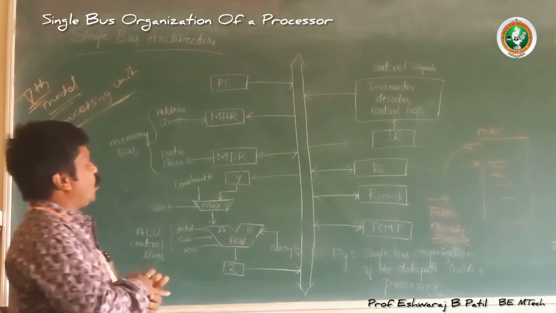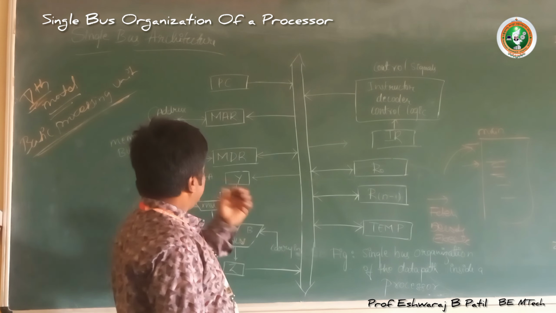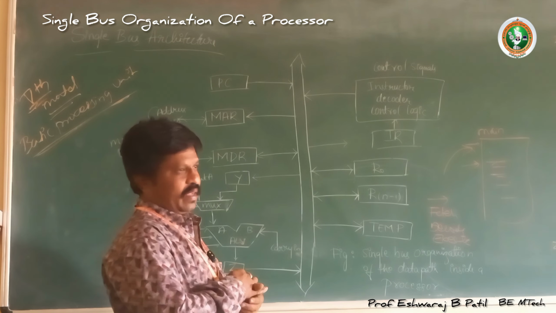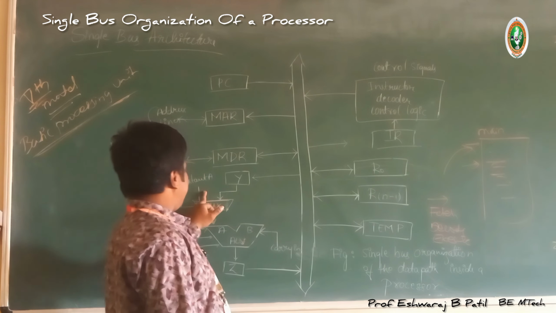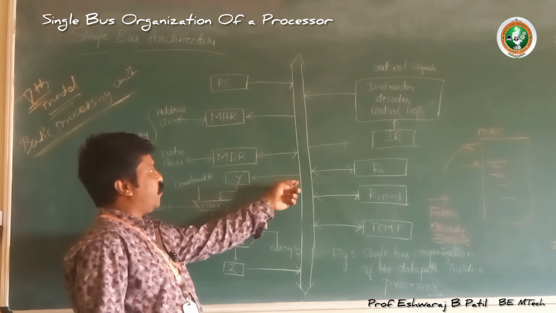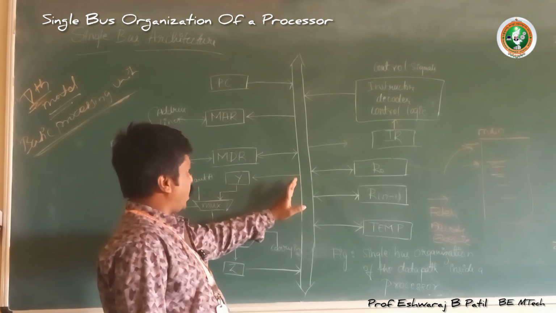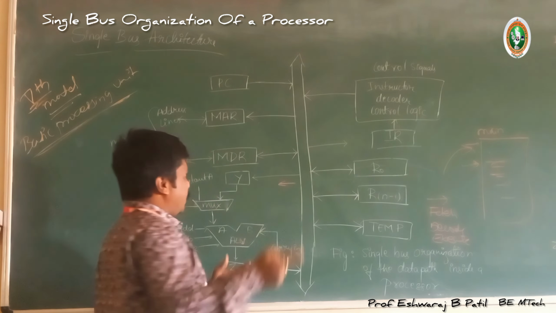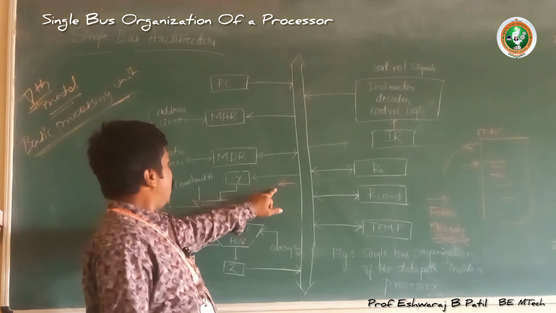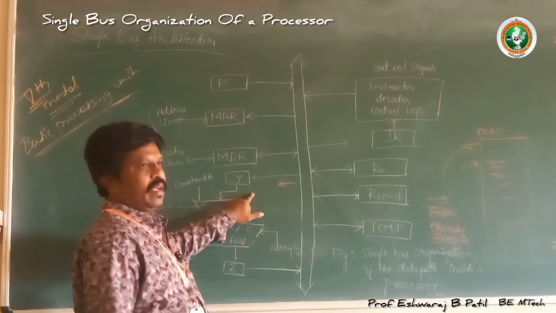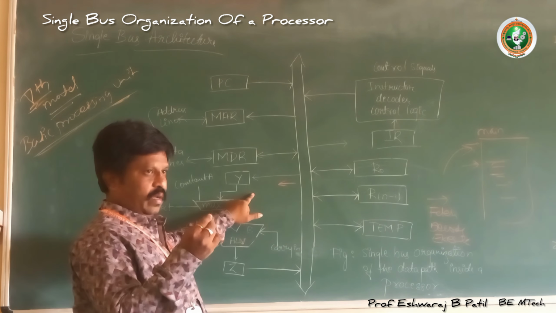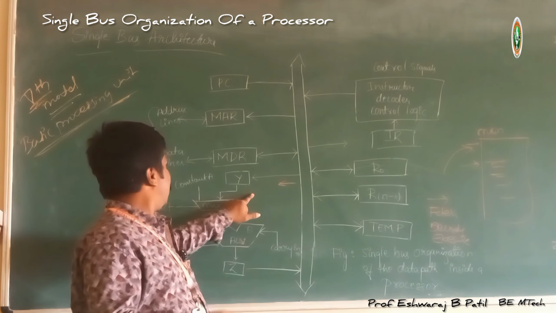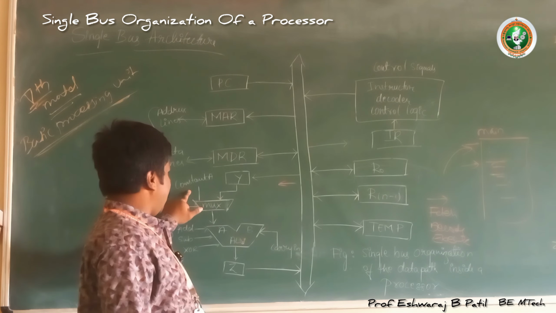Next, one more procedure I have not explained. If you are adding a constant number, first it is taken from the system bus. One of the temporary registers will be holding a value, and another is the constant.